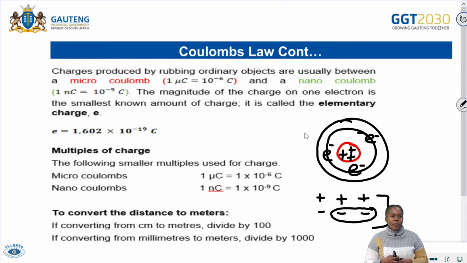All right. So for us to move from microcoulombs, we need to multiply by 10 to the power of minus 6 coulombs, okay? And then for nanocoulombs, we multiply by 10 to the power of negative 9 coulombs, okay?